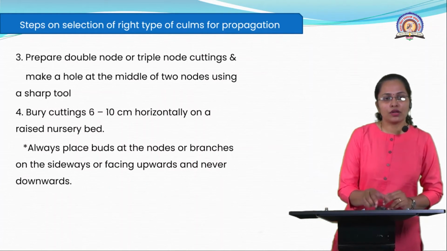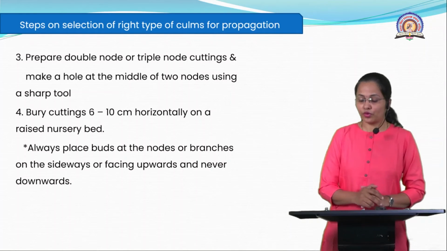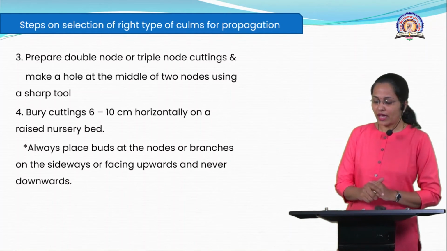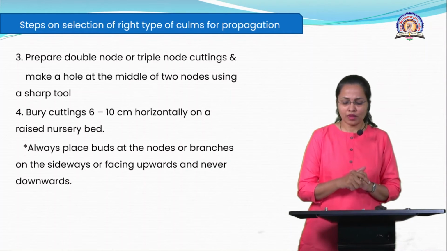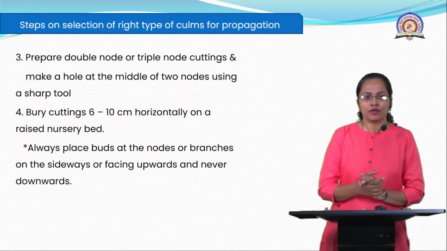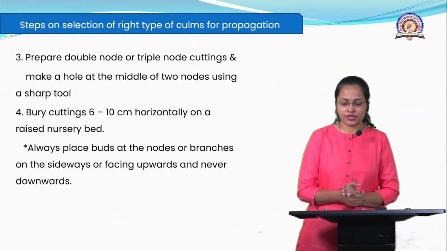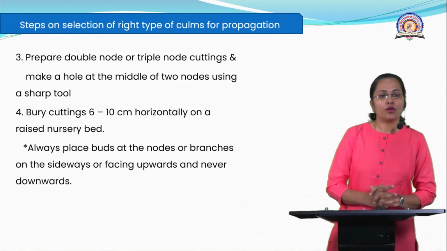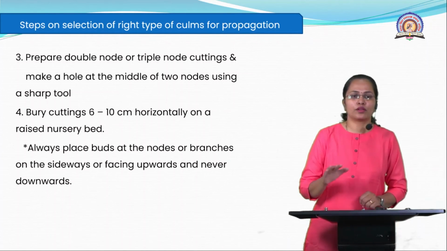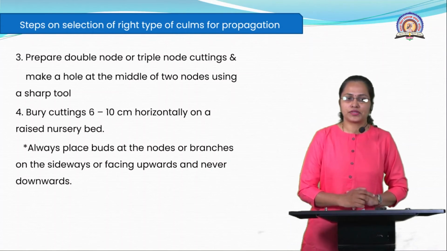During preparation of this nursery bed, we have to use a soil and sand mixture in equal parts, and we have to put the cuttings separately with a 6 to 10 centimeter distance horizontally. Afterwards we have to put a small layer of soil over that stem cutting.